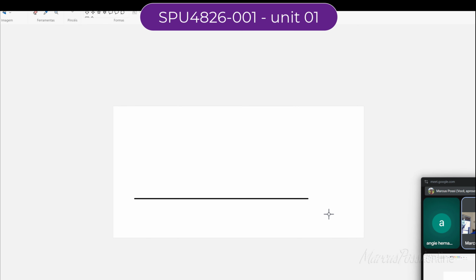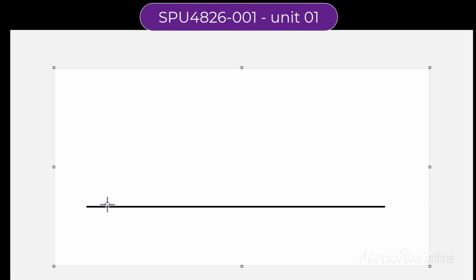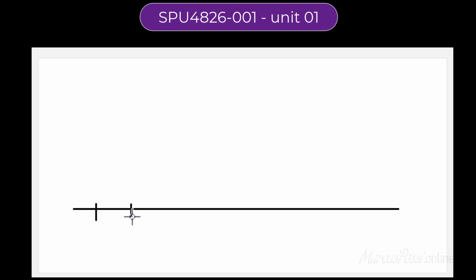This is the timeline of our course. Unit 1, Unit 2, Unit 3, 4, 5, 6, 7, 8. We have eight weeks. This is the amount of effort you have to spend during your weeks.